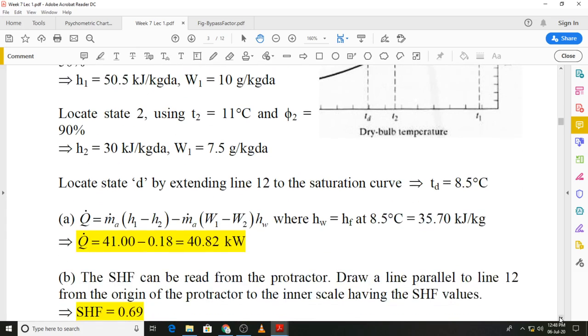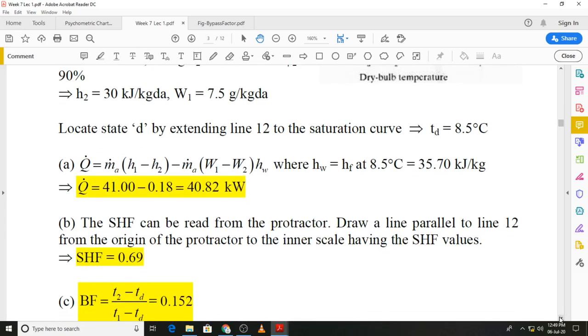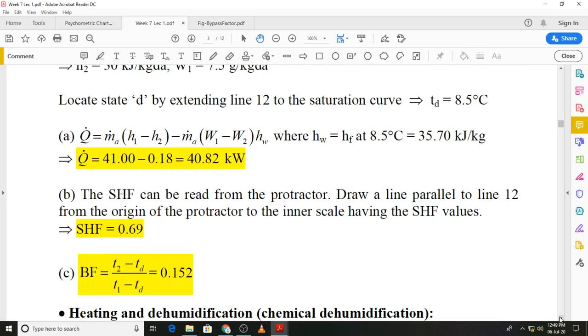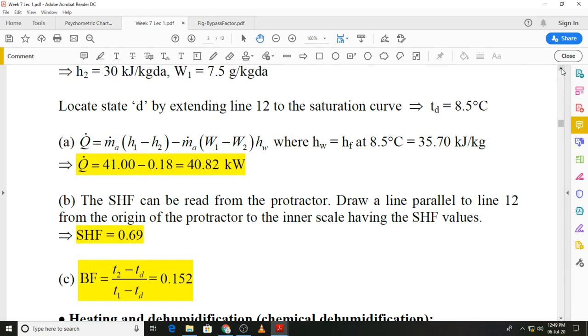Once we have located the state D, we can then move on to the capacity of the cooling coil and use the result that was obtained earlier by the energy balance, that is Q dot equals m dot A into (H1 minus H2) minus m dot A into (W1 minus W2) into HW.